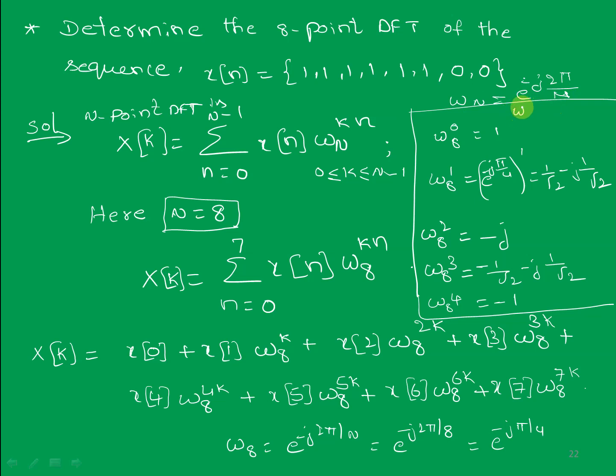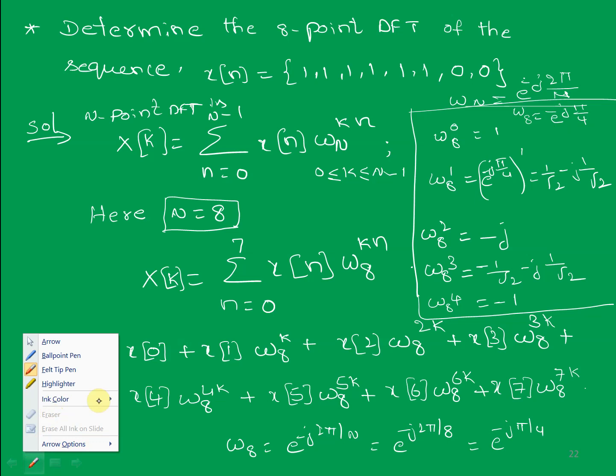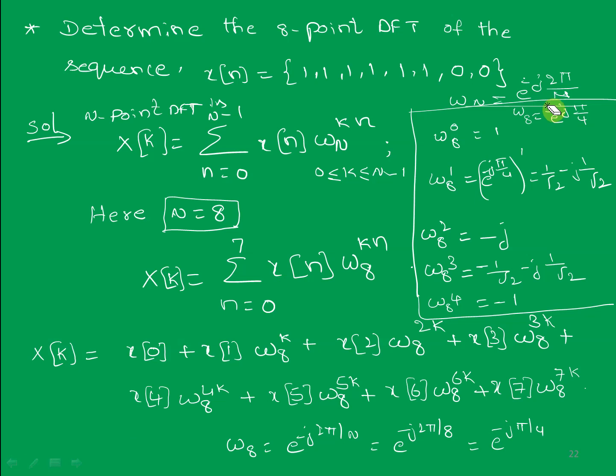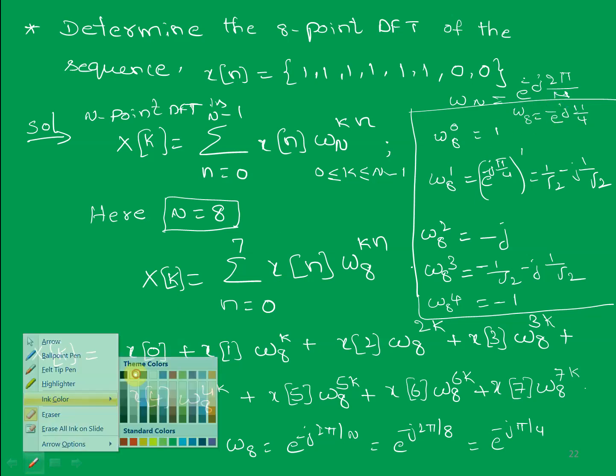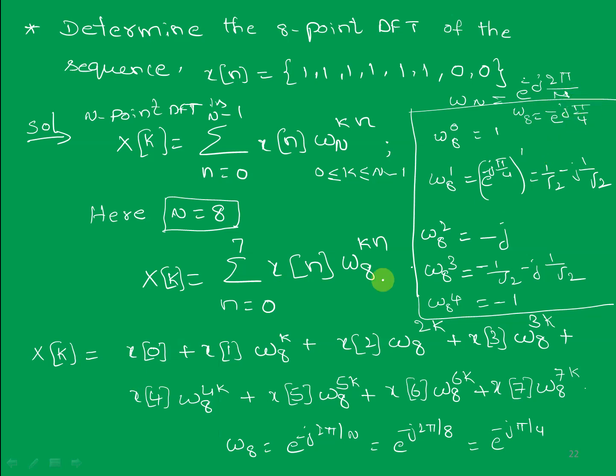So W_8 is e power minus j 2 pi by 8, that means pi by 4. In this way, first find out the twiddle factor W_8.